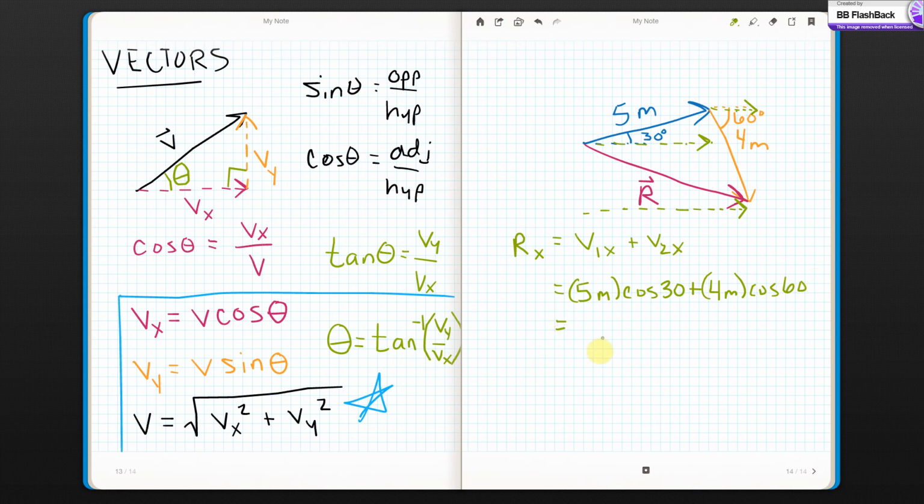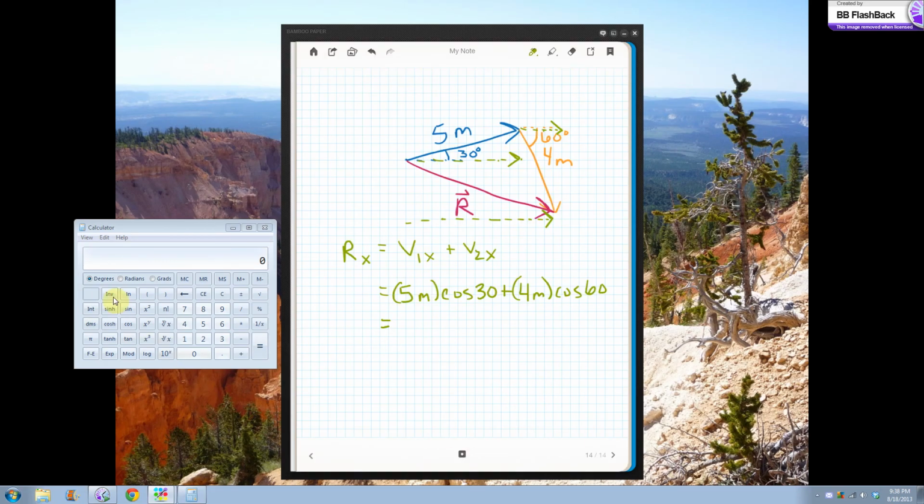Okay? So, I plug this into my calculator, and I'm just going to go take a look over here. I've got a calculator ready to go. So I've got 5 times the cosine of, oh, shoot. Sorry, this calculator does annoying things. This is why you need that TI.